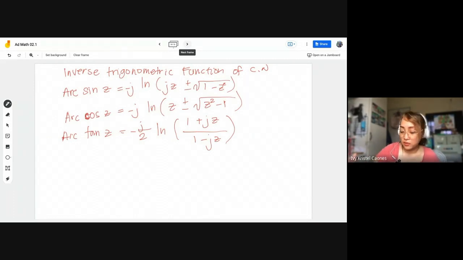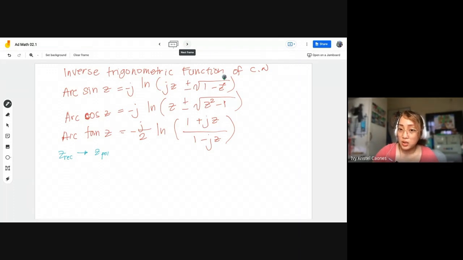Again, to solve this, for example, you have z in rectangular. First, convert it into z polar. Why? Because you will use that here. This z, you can start with it in rectangular, then solve it here in polar.